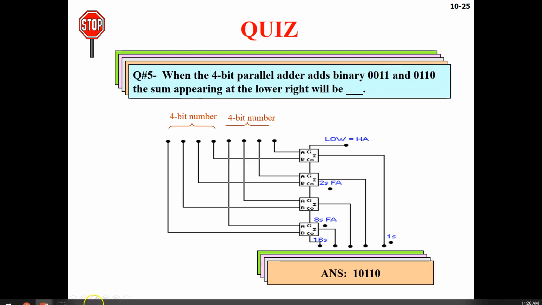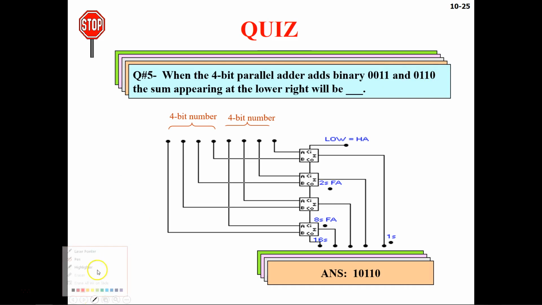0110. Let me take an example of this one using this highlighter pen. So you have 0011 and then 0110. You want to add these, so let's make the addition sign here. 1 plus 0 is going to be 1, and then 1 plus 1 is going to be a sum of 0, and then the carry will go in here.